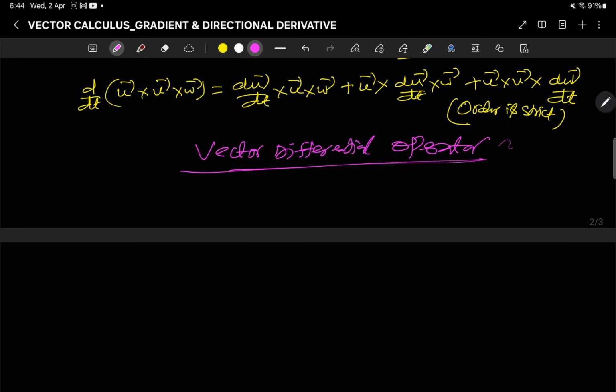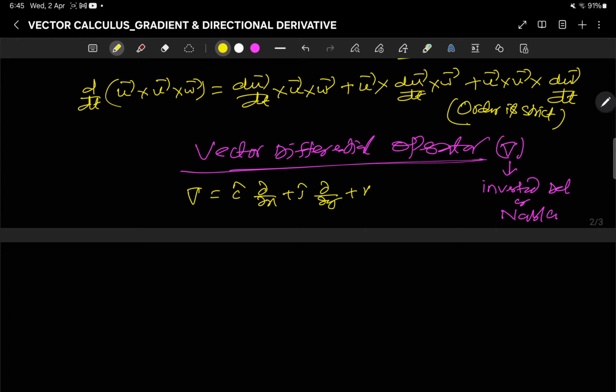Now coming to the vector differential operator, it is denoted by this. We read it nabla or inverted del. So what is that? This del here is i cap del by del x plus j cap del by del y plus k cap del by del z. Okay, so this is the vector differential operator.